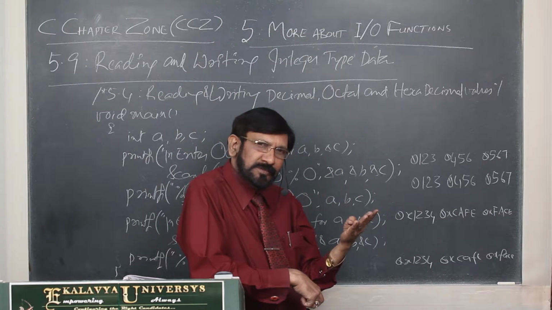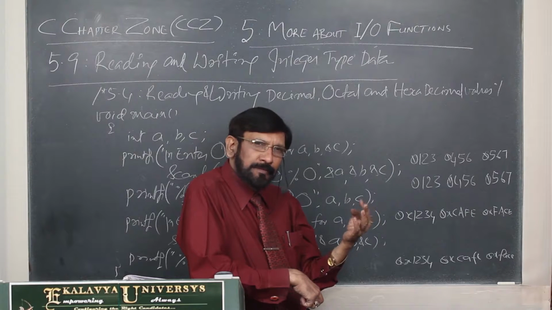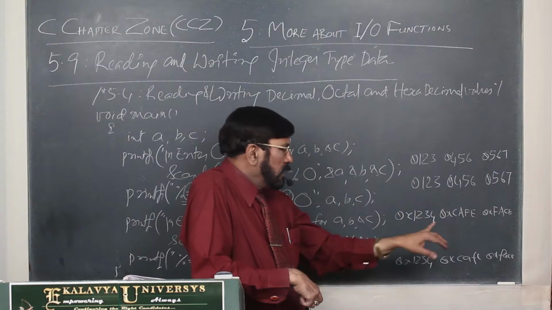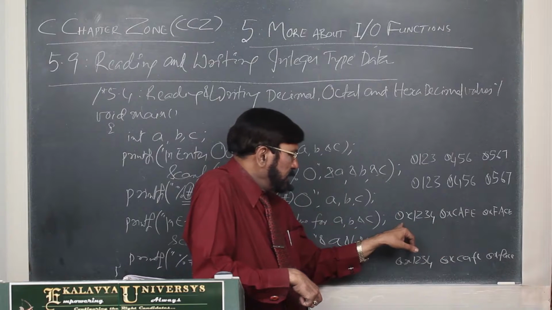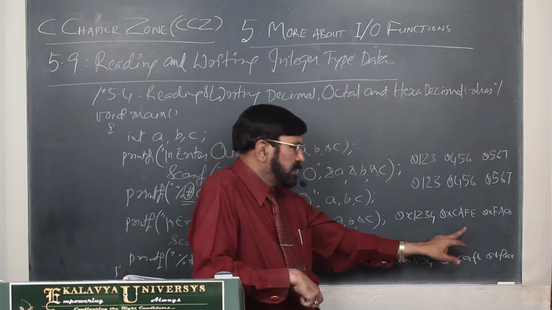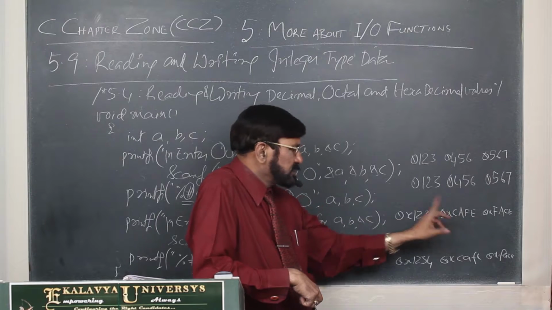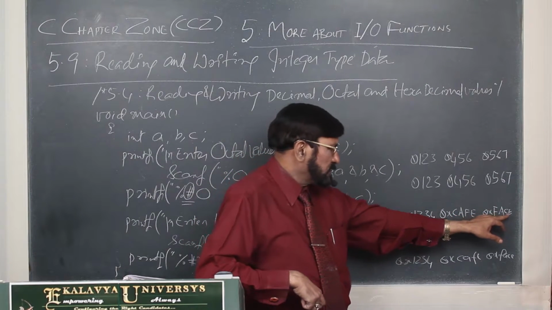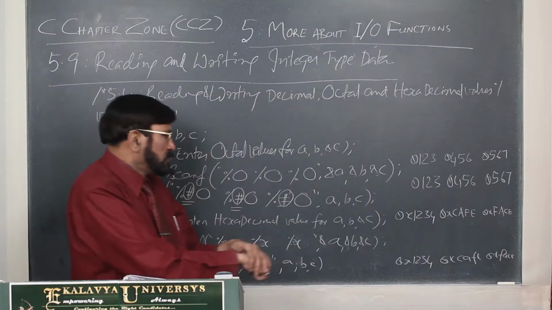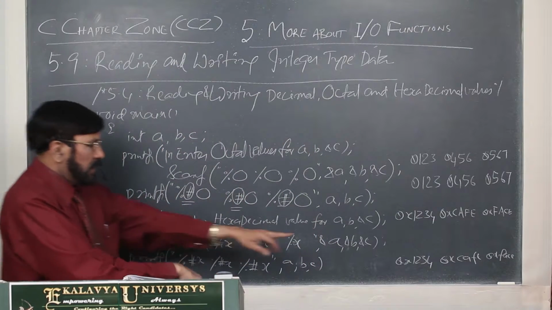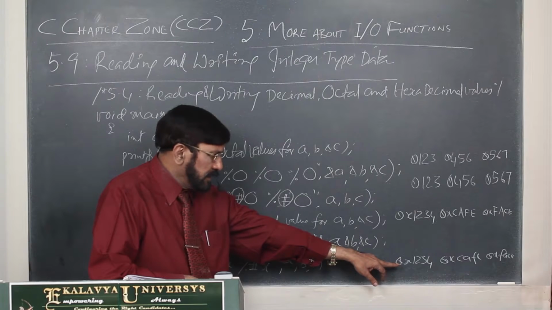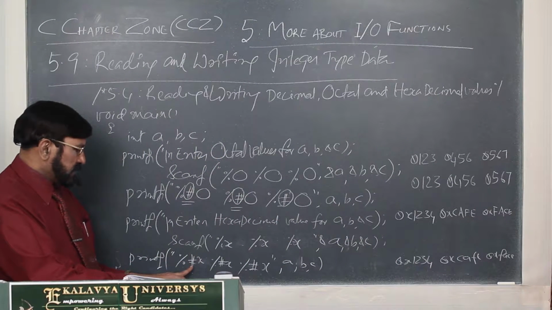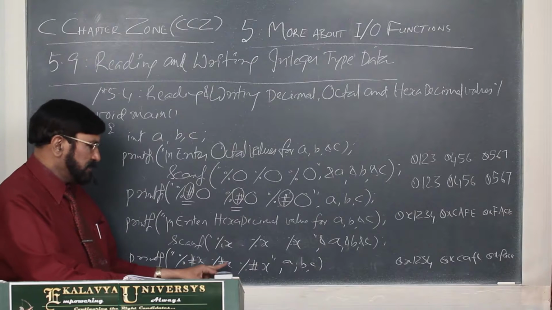A represents 10, B represents 11, like that. You have to understand. Now A to F are the valid digits for hexadecimal. 0xabcf, 0xface I entered. Here again I want to print with leading 0x. Then what I did? Hash symbol x, hash symbol x.